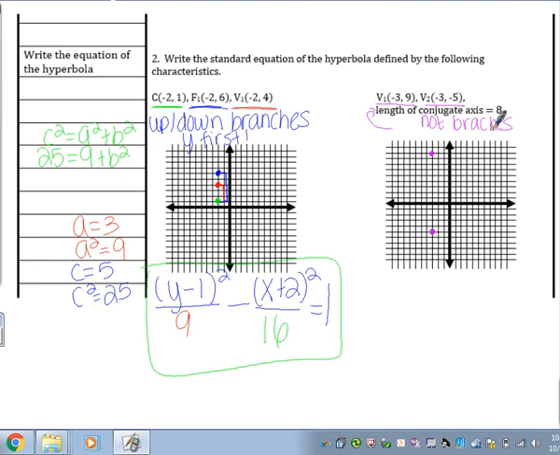Yes, kind of like attaching the co-vertices. Okay, so if I have the vertices and they're lining up like this, right now I know how my branches are going. They're going up and down again. So I know again y is first.